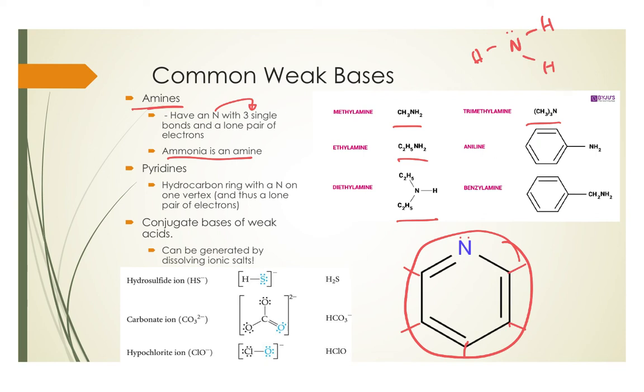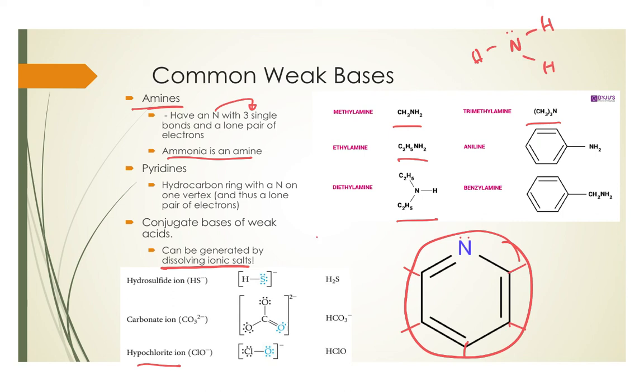The last one is a conjugate base of weak acids. So we can generate these by simply dissolving ionic salts, like a carbonate or a hypochlorite. All of those are things that we can go ahead and dissolve.